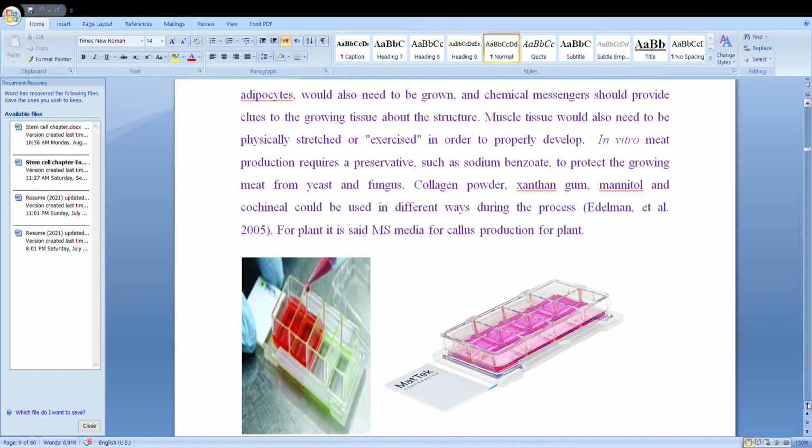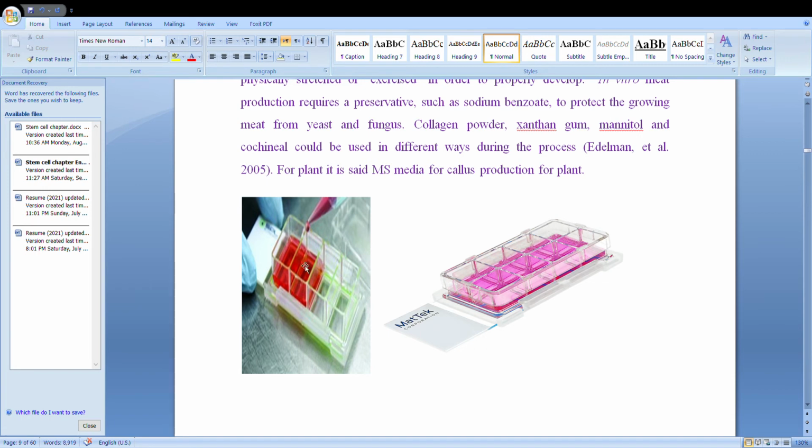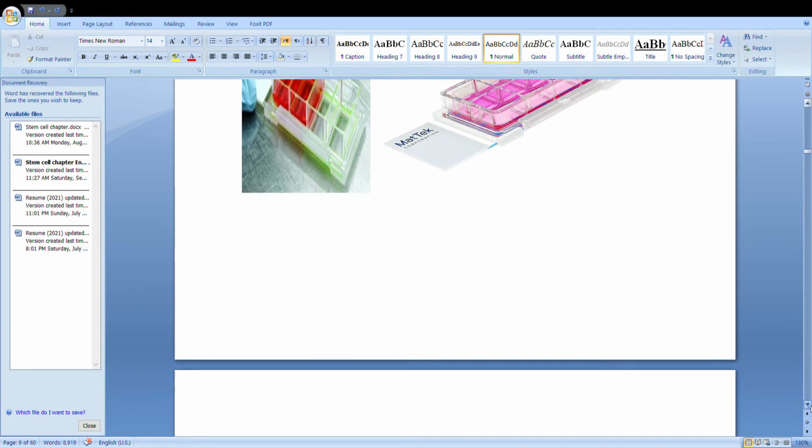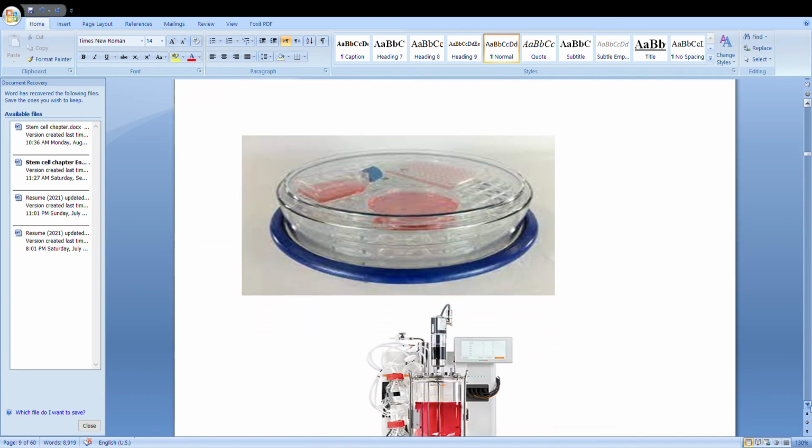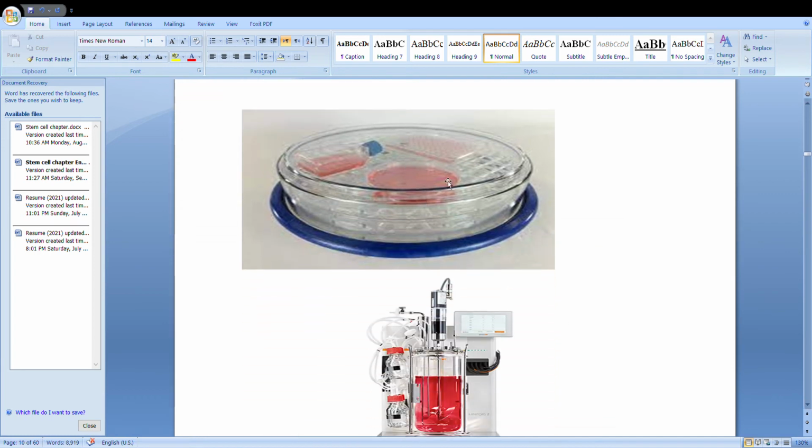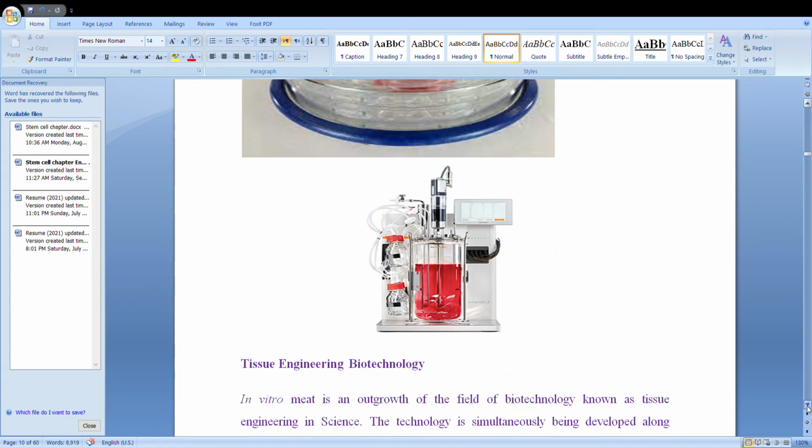So then we can see here different types of procedures in the laboratory. And this is the beef meat that can be grown in the laboratory. You can see here in the bioreactor also. So it can be grown in the bioreactor.